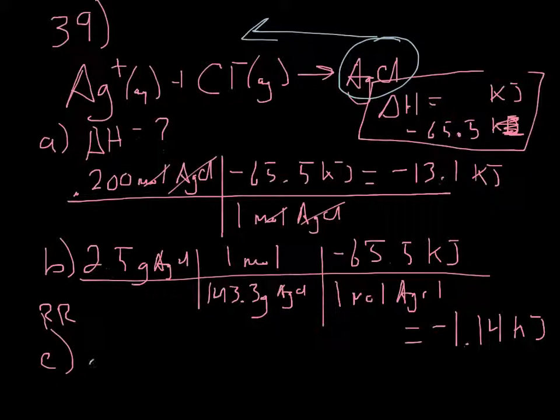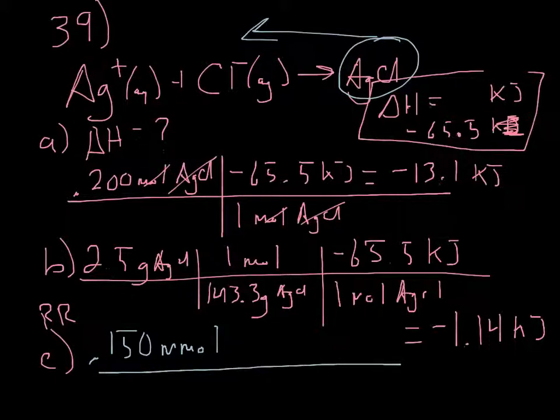So we start with the 0.150. This is a new term for you, millimole. So it's a milli of a mole. So 1 millimole equals 0.001 mole. And this is, of course, all AgCl.